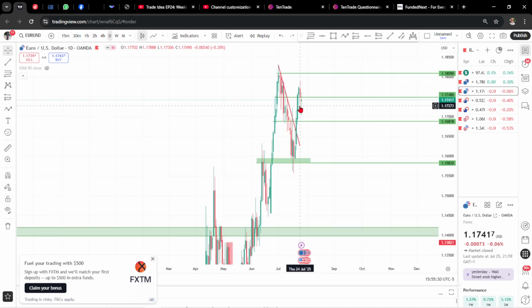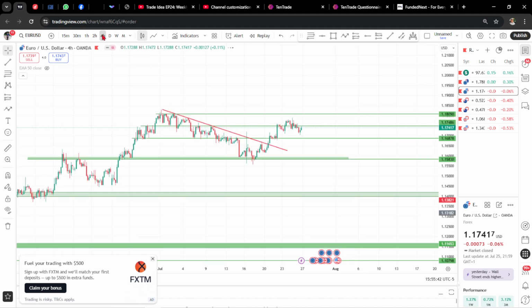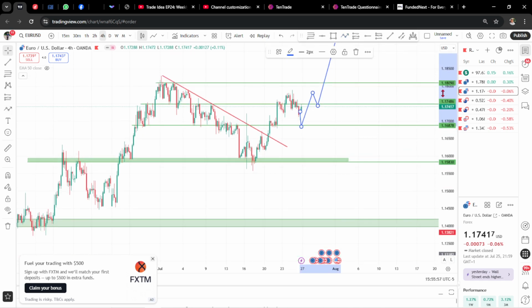I don't know what it's going to do next, but I'm still bullish. It might decide to come back to this level and give us a proper leg to the upside, a proper pullback, maybe to this particular level. From this level I might be looking for a buy, as long as we did not break below this level.